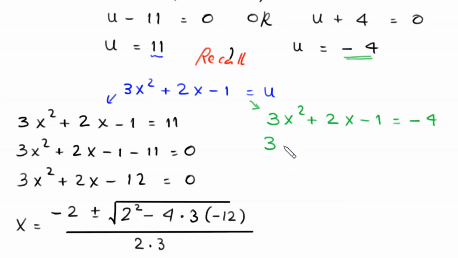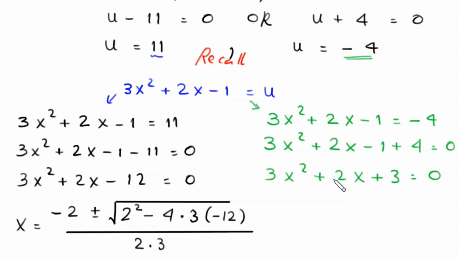This will become 3x squared plus 2x minus 1 plus 4 equal to 0. Further simplify, this will become 3x squared plus 2x plus 3 equal to 0. And this quadratic equation is not factorable. We solve it by the quadratic formula.